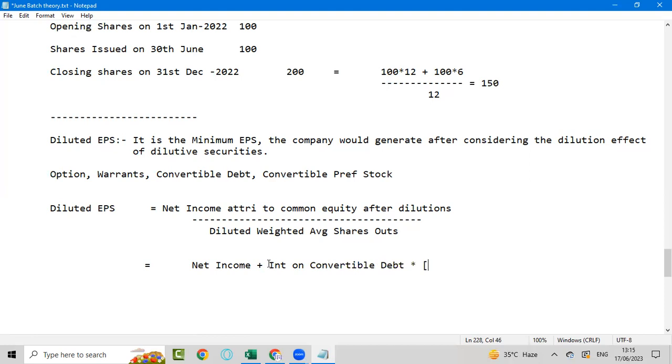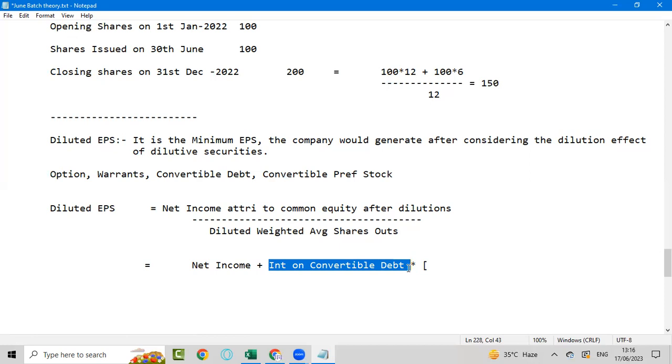If that interest is 10 rupees, that will increase my profit. Then I will have to pay more tax. If the tax rate is 40%, I will have to pay 4 more tax. So finally, profit is increasing by 6. Profit is increasing by 10, but due to tax, 4 is decreasing. So actually net income is increasing by 6 rupees.